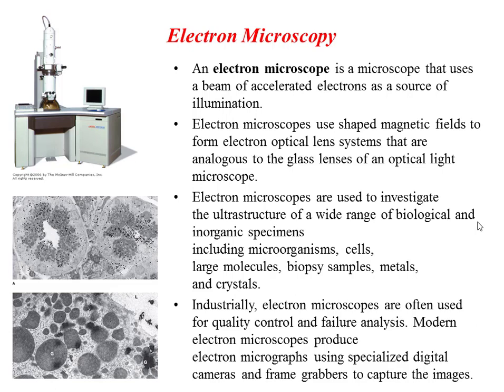Electron microscopes are used to investigate or alter the structure of a wide range of biological and inorganic specimens, including microorganisms, cells, large molecules, biopsy samples, metal, and crystals. Industrial electron microscopes are often used for quality control and failure analysis. Modern electron microscopes produce electron micrographs using specialized digital cameras and frame grabbers to capture the image.